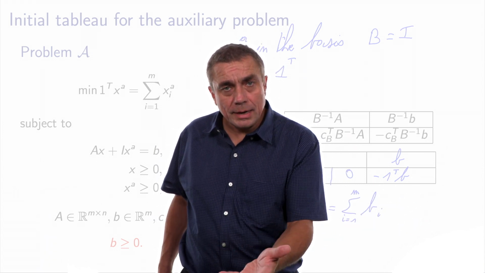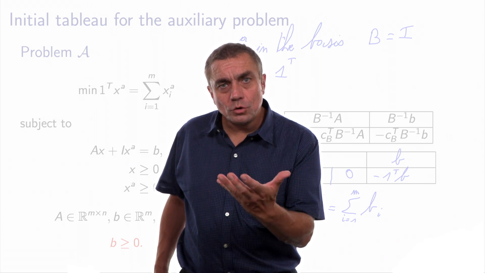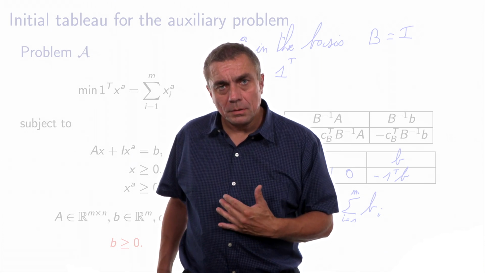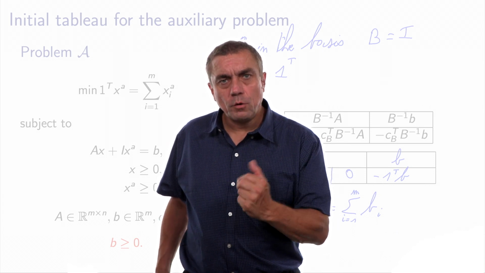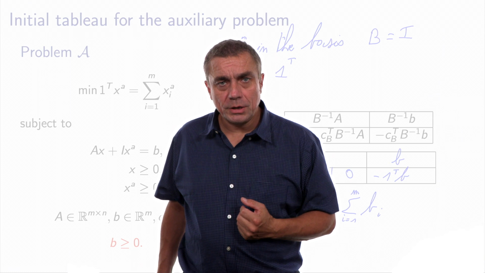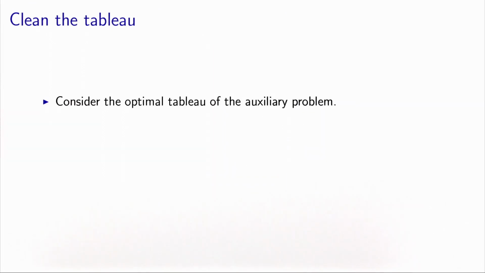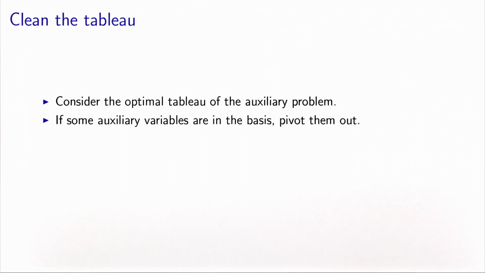Actually, we can even recycle the last tableau to solve the original problem. To do so, we need to clean a little bit the tableau before we can start solving the original problem. Let's summarize the procedure to clean the tableau. So we consider the optimal tableau of the auxiliary problem. We know that all auxiliary variables are equal to 0.